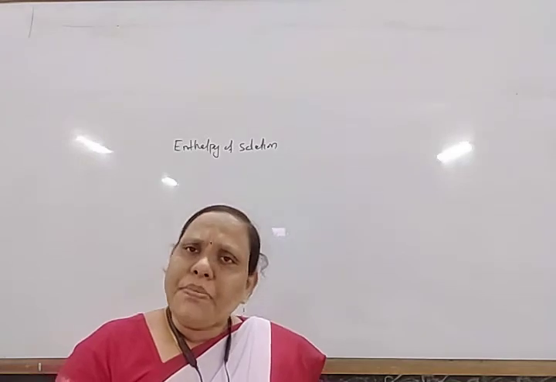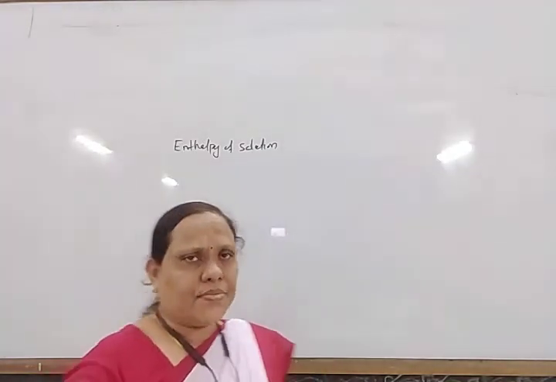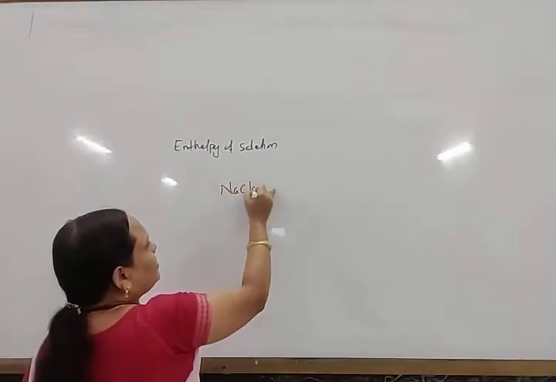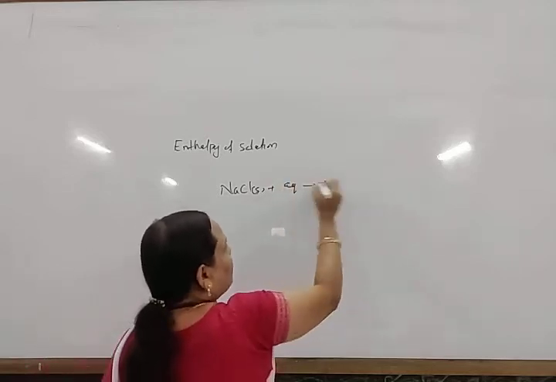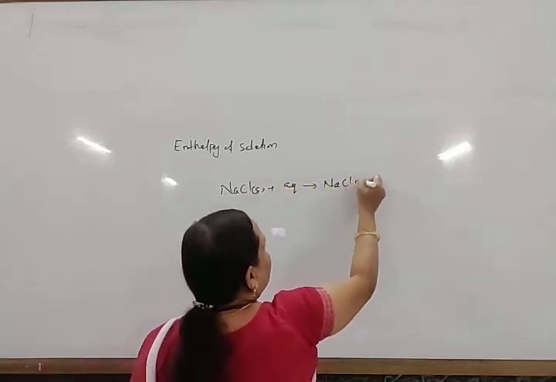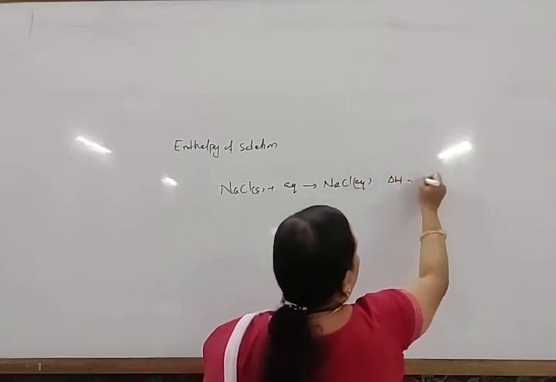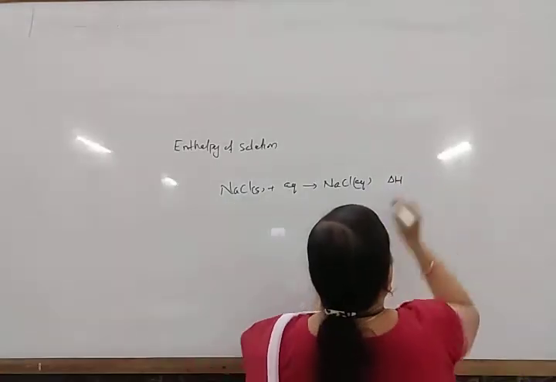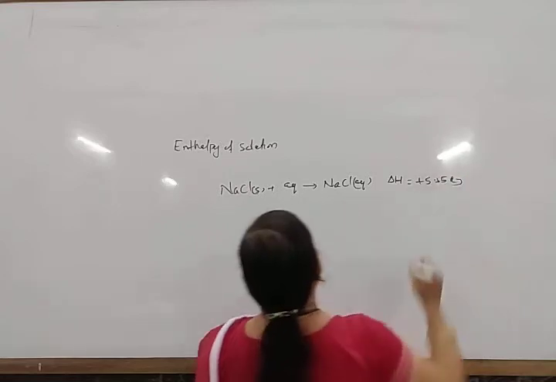This enthalpy of solution may also be positive or negative. Some examples: solid NaCl plus water gives NaCl aqueous solution, and here ΔH is plus 5.35 kJ.